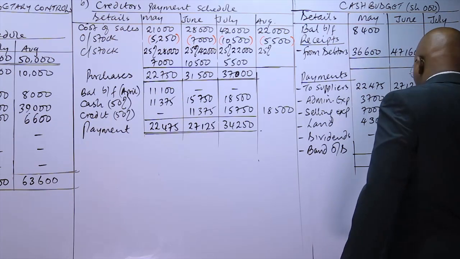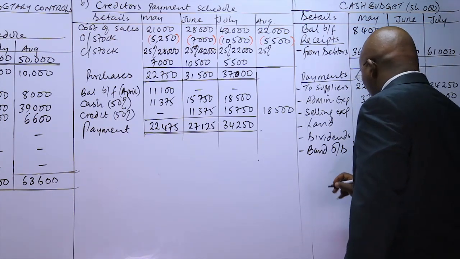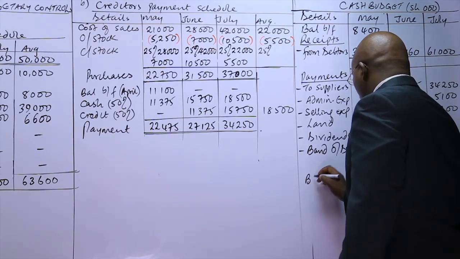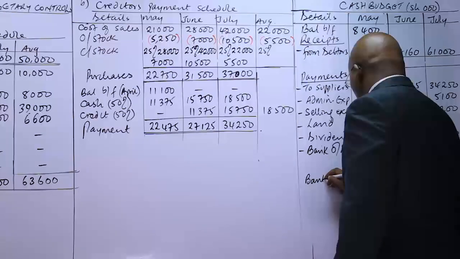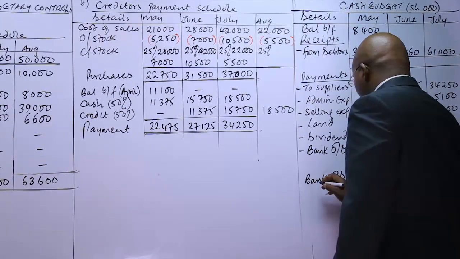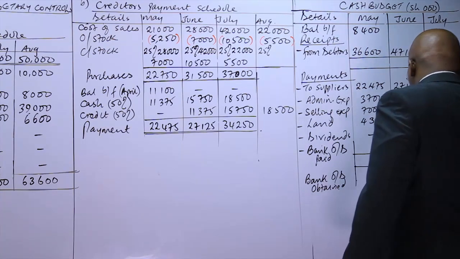So you can have here the payment. Then you can have the bank overdraft, this is obtained, and this is paid.